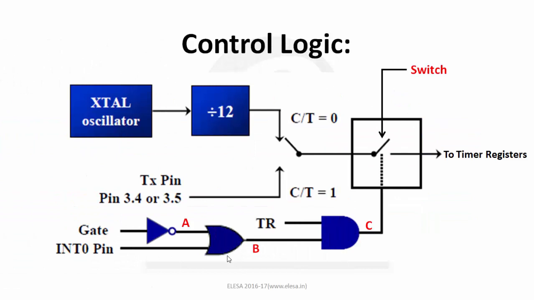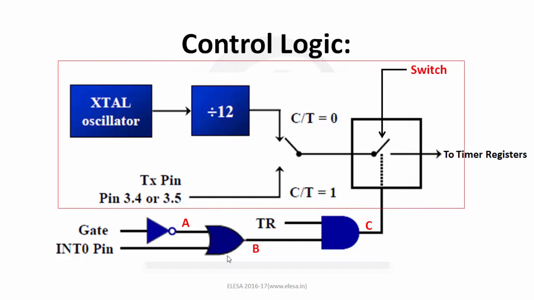Now going to the control logic of 8051 microcontroller. First of all, let's see this rectangular box, how it works. If, for example, we have connected a 12 MHz crystal in the place of XTAL oscillator, it will be divided by 12 in the controller logic.